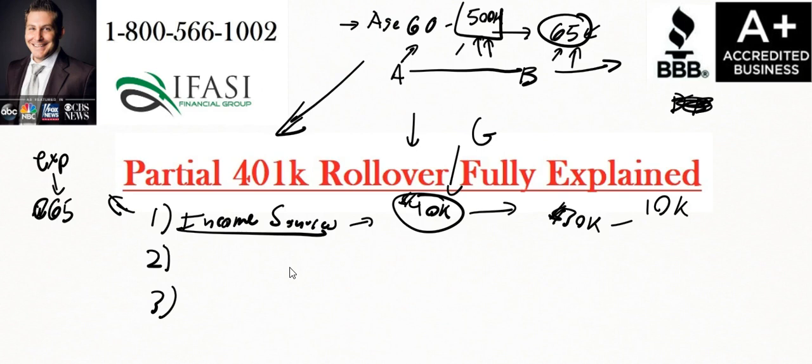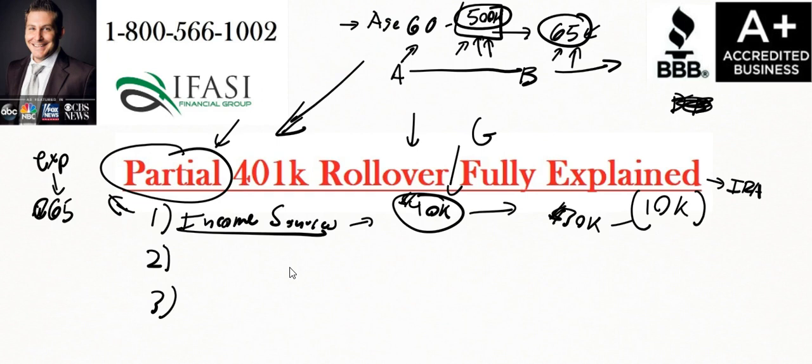We need to leverage the smallest portion out of this $500,000, the smallest partial rollover, and place that into a type of IRA that provides a lifetime income stream on a monthly or annual basis, to suffice what that $10,000 goal is.